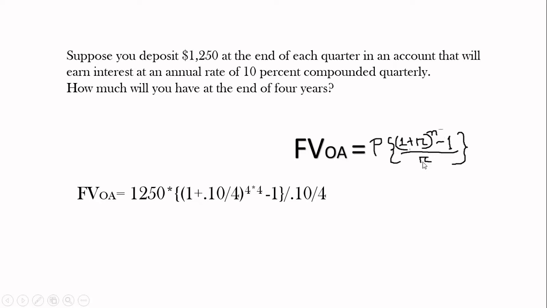If it were monthly, that means 12 months in a year, so r would be divided by 12 and n would be multiplied by 12. Everywhere you see r in the formula, it would be divided by 12, and n would be multiplied by 12. Okay, so it says compounded quarterly, so that's 10% divided by 4, to the power 4 multiplied by 4, minus 1, divided by r, 10% divided by 4.